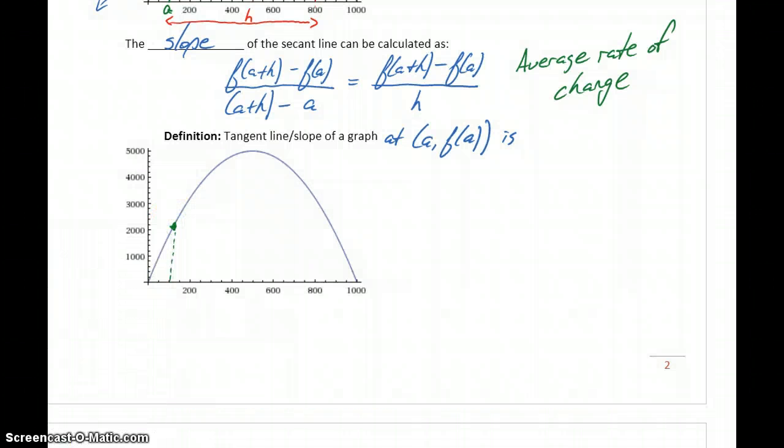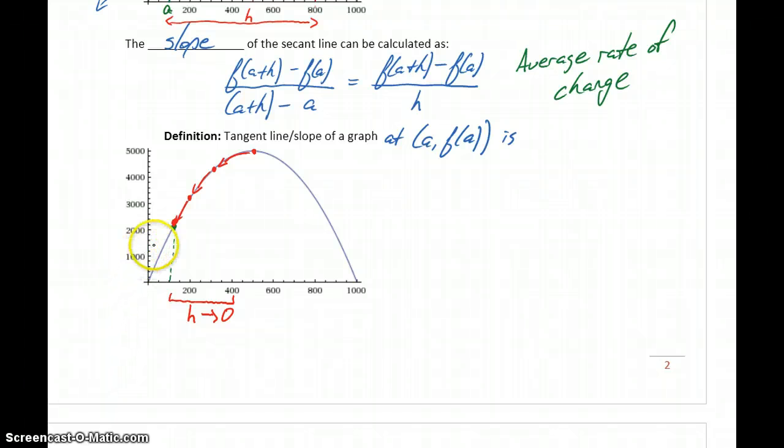And then we're choosing some second point on our graph, which again, there's some distance h between those two x values. So now what we want to do is again consider that distance between our x values to be approaching 0. So we want the distance between these points to be getting smaller and smaller and smaller until these 2 points are essentially on top of each other.